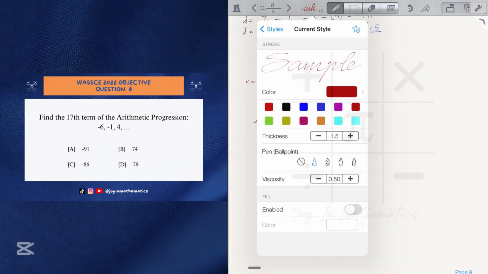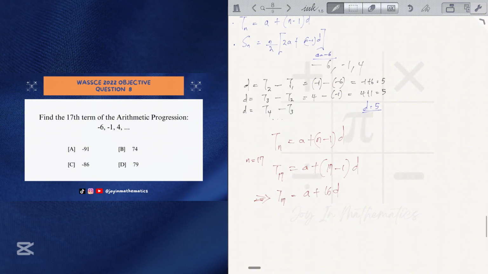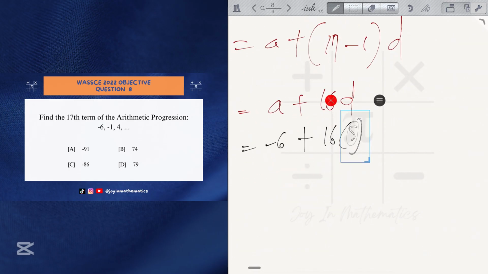Now applying this formula, let's make our substitution of A and D. A is equal to -6, D is equal to 5. So now T17 is equal to -6 plus 16 times 5.